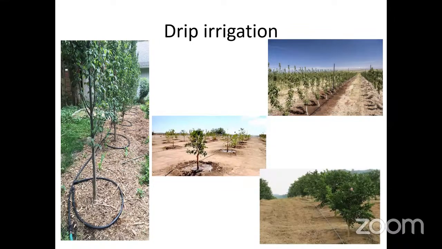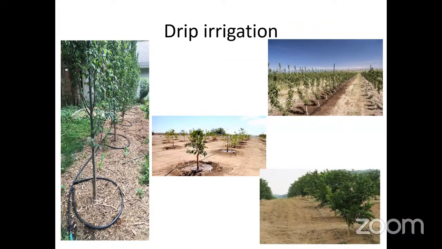Another slide here shows us the single line and the wet zones under the tree. You can also use a circle with the drip irrigation, and you can combine both of them.